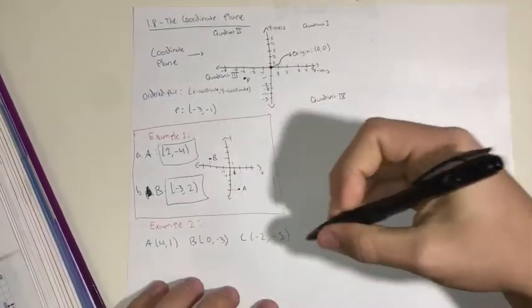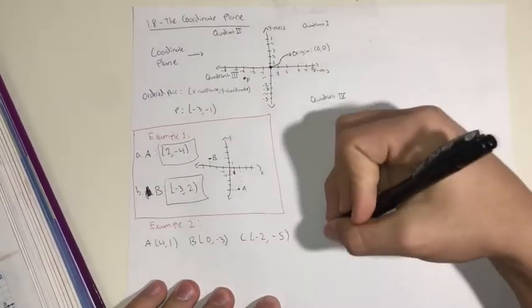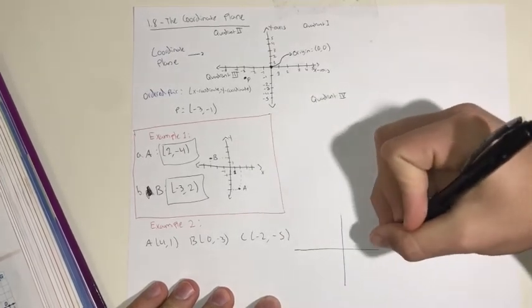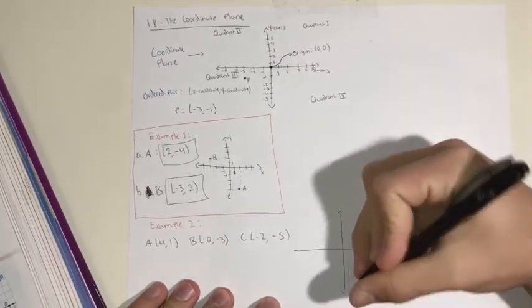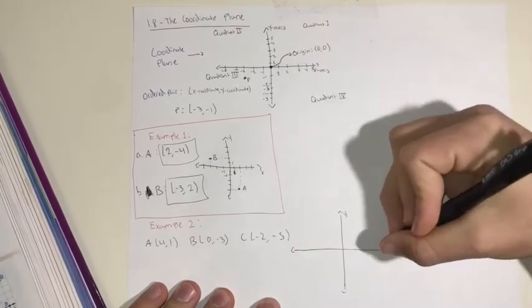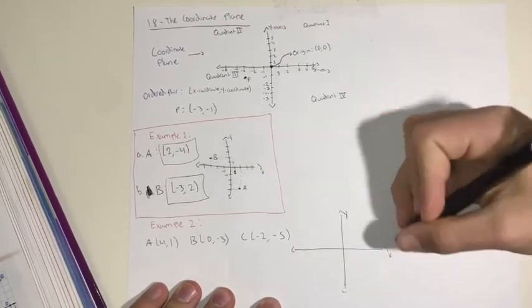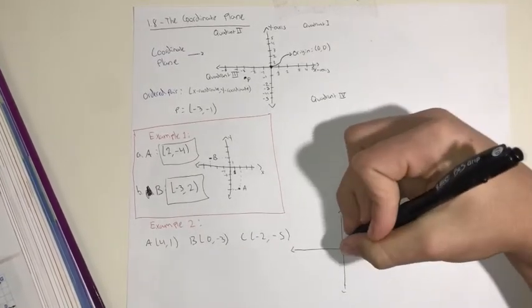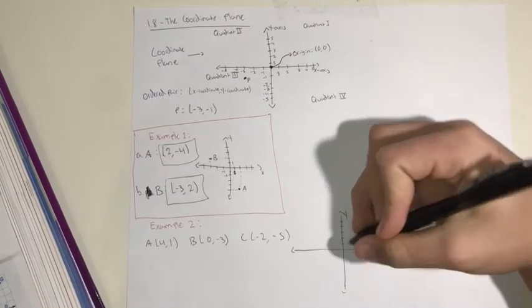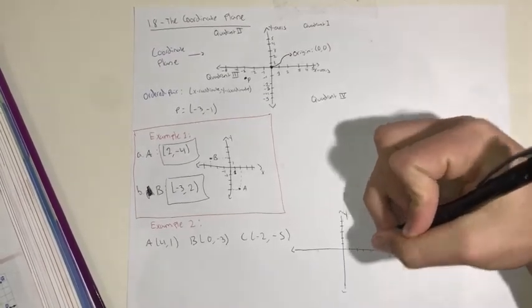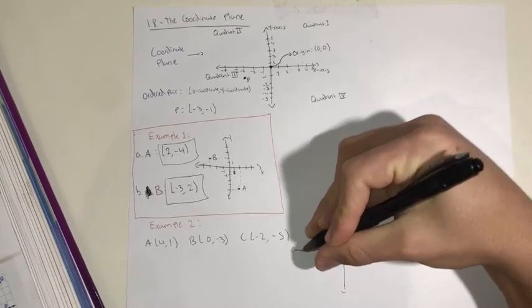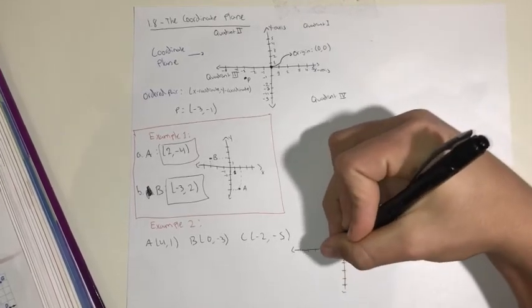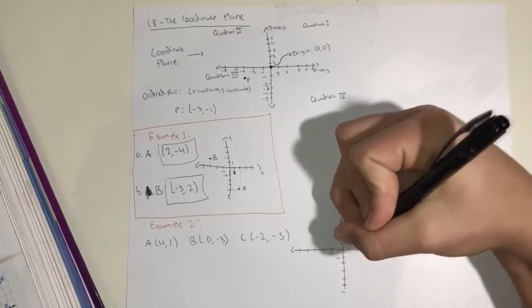So if we make a coordinate plane over here, this is the Y, this is the X. If we have 1, 2, 3, 4, 5 on each side, and -1, 1.